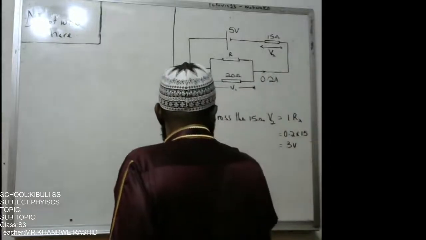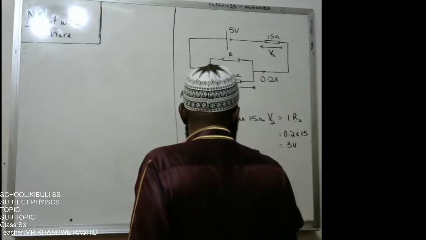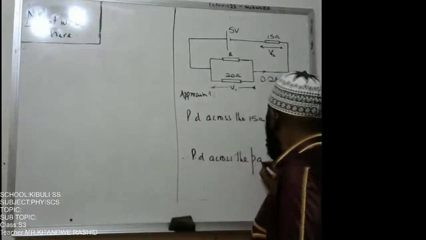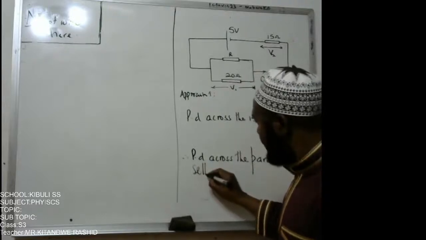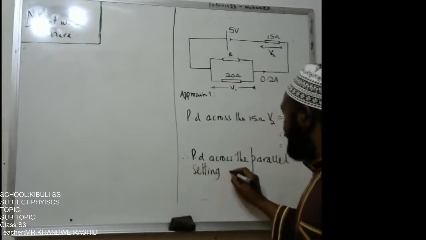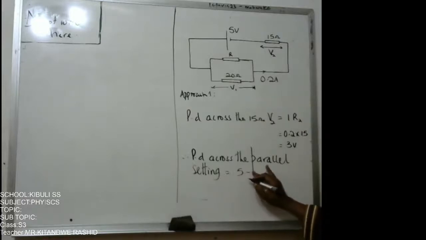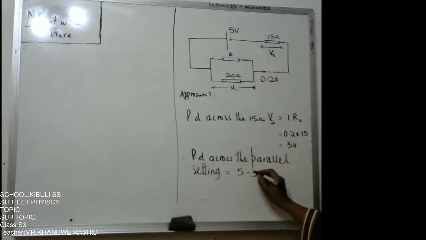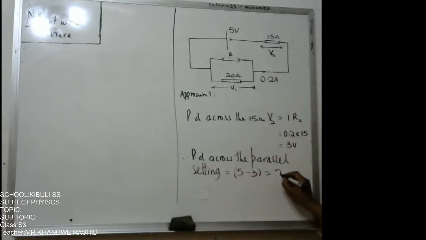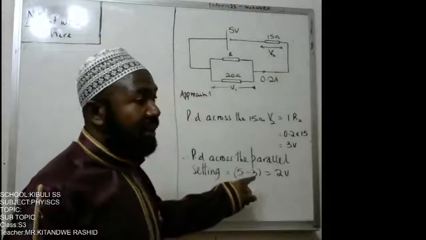Therefore, the PD across the parallel setting is going to be equal to the supply of 5 minus the one that has been consumed here, which is 3. So we get a PD of 2 volts. This is now the PD across the parallel setting.